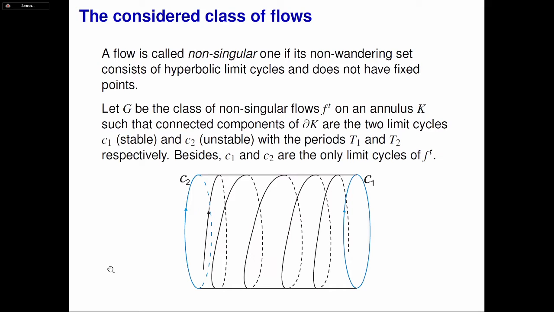There are no other limit cycles, and of course, no fixed points. The limit cycles are hyperbolic. The cycles are called C1 and C2, T1 and T2 are their periods, and K is the carrying annulus. We want to find whether such a class of flows has a finite or infinite number of moduli of stability.